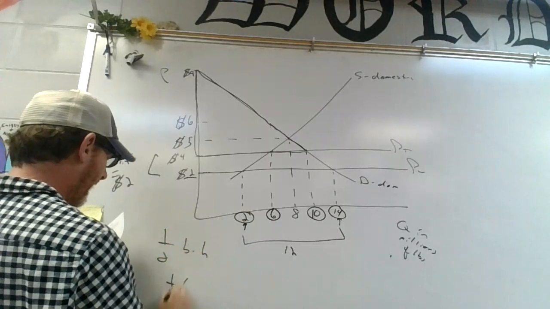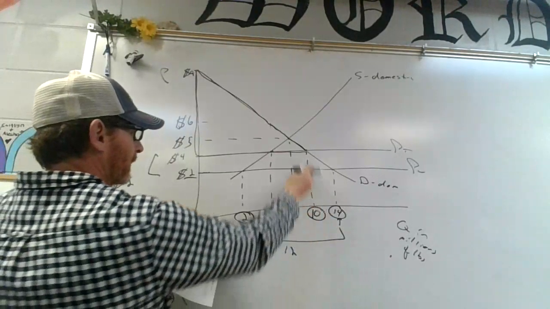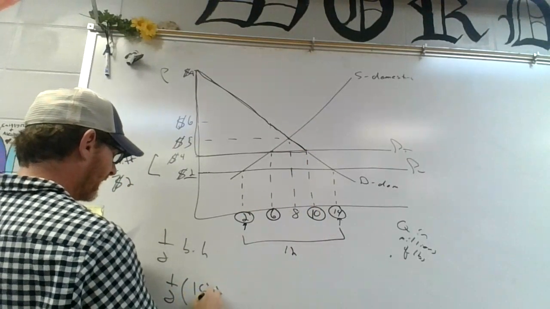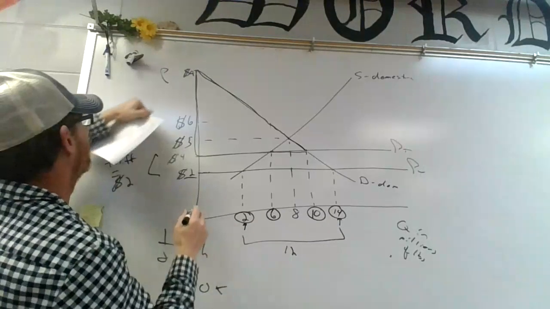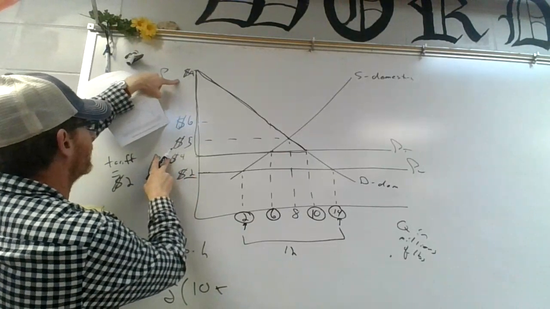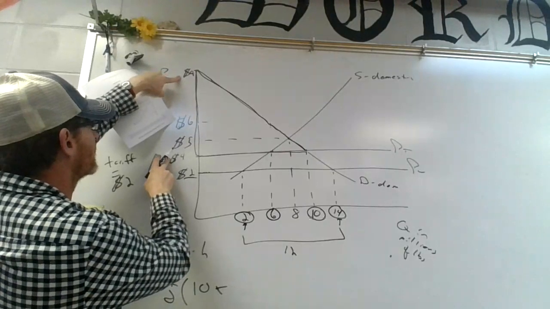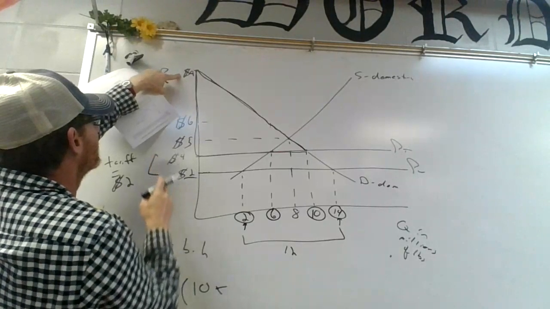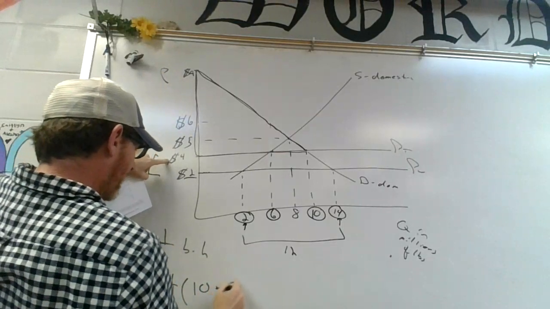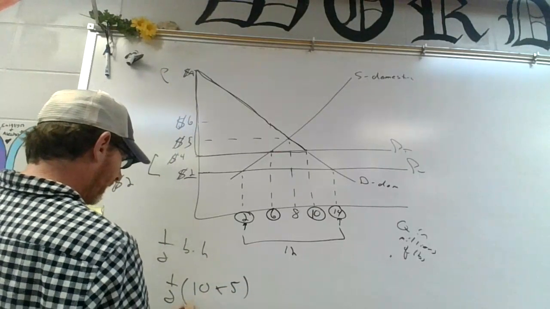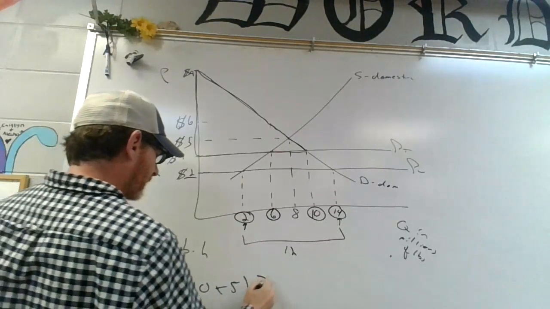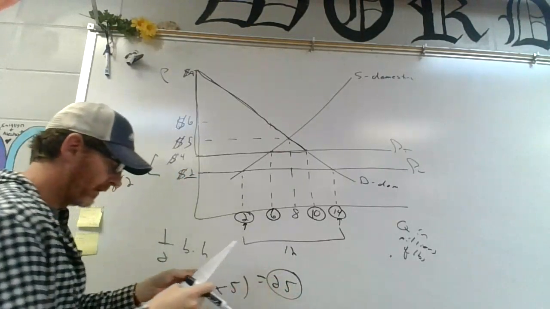Our base is 10 because we're going to be buying 10 million pounds. The price is 4 and the highest utility is 9, so our height is 9 all the way down to 4, which is our current price. So that would be 5. So 1/2 of 5 times 10, which is 50, so the answer is 25 million.